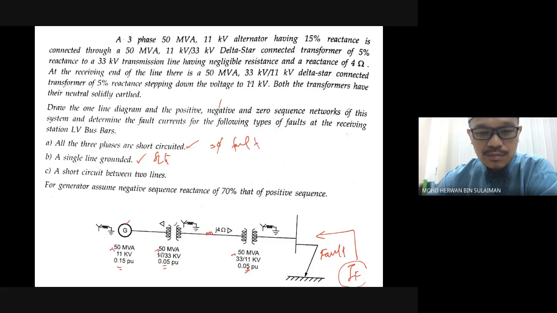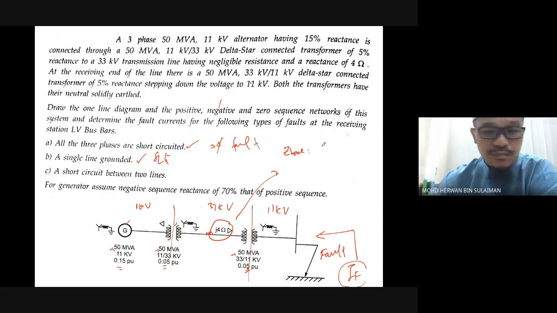Okay, so here is 11 kV, step up to 33 kV, then step down back to 11 kV. So there's no trick there, but you have the transmission line in terms of ohms. So from here, basically what you need to do is find the Z base at your transmission line. So Z base equals what? The equation of Z base, remember, is kV squared divided by MVA.